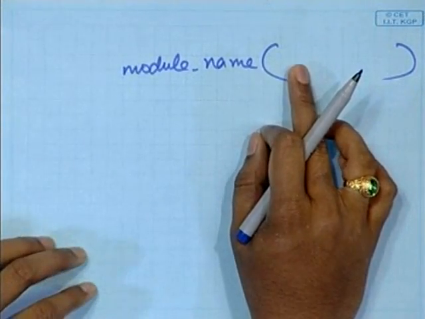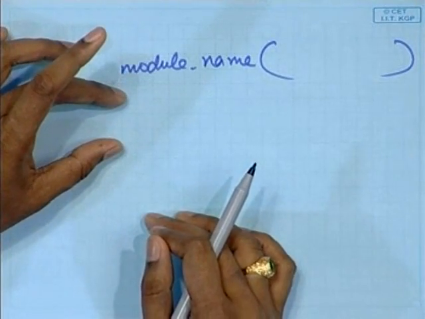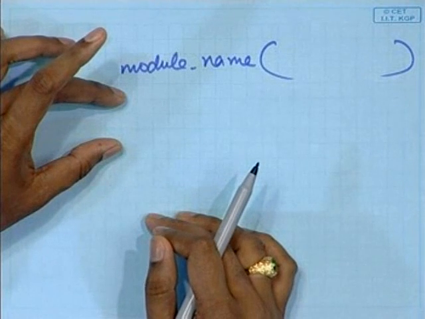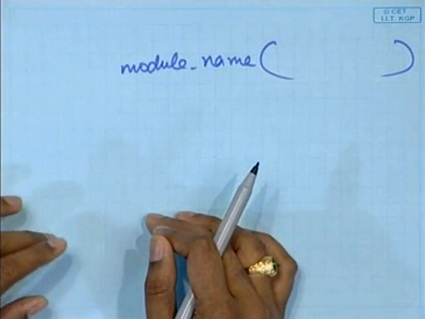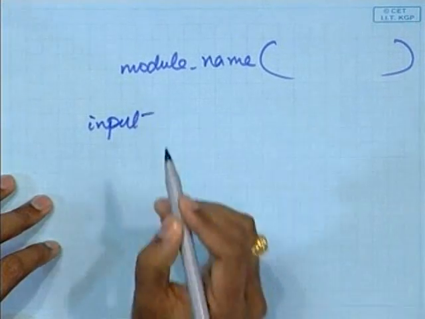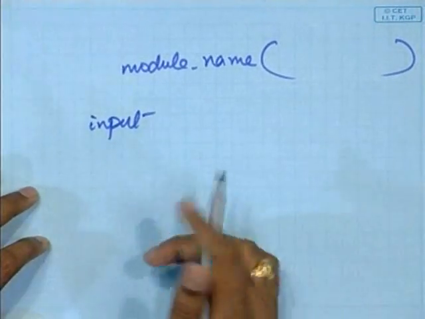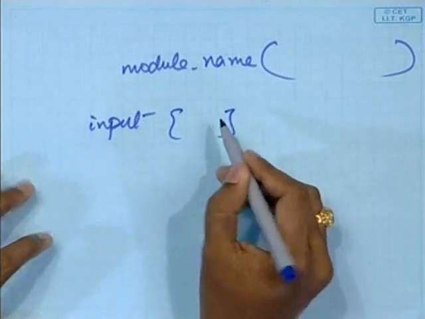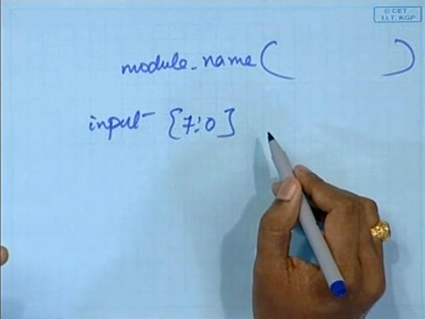After that, the main syntax starts with the port type declaration, whether it is an input port, an output port or an inout port. In this you see the input, the type, and the port size. I already told you the variable vector declaration, so you have to declare your port size. Suppose it is 8-bit, then [7:0], and then the input port names.